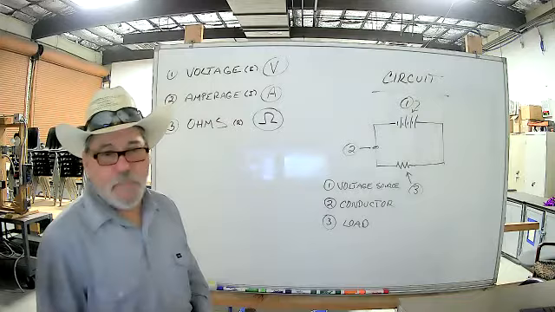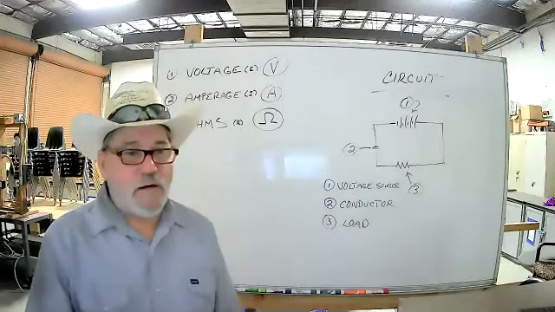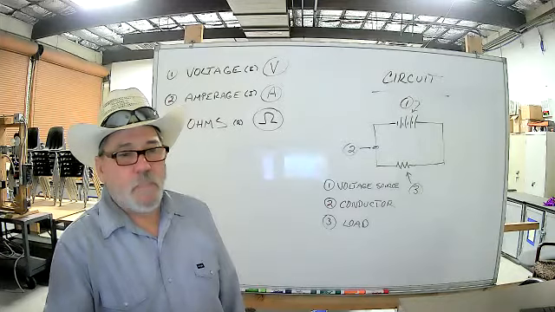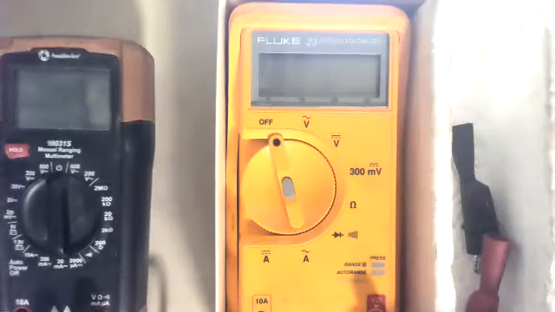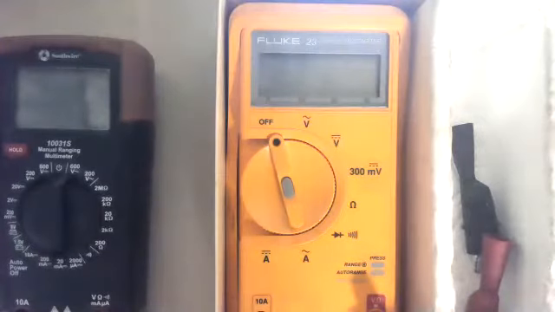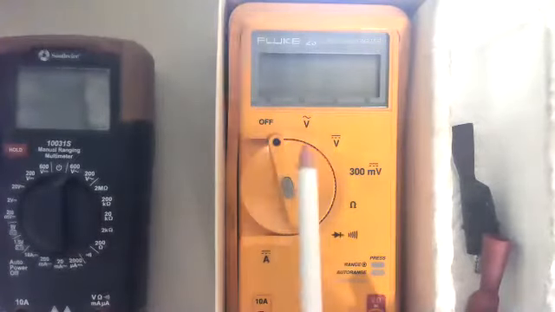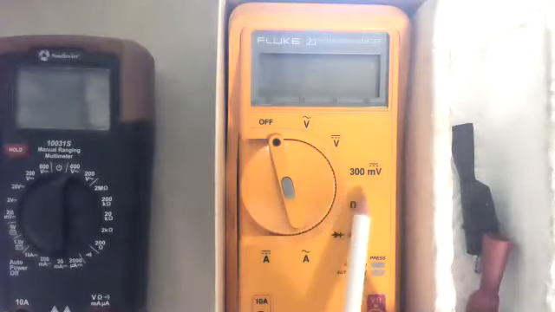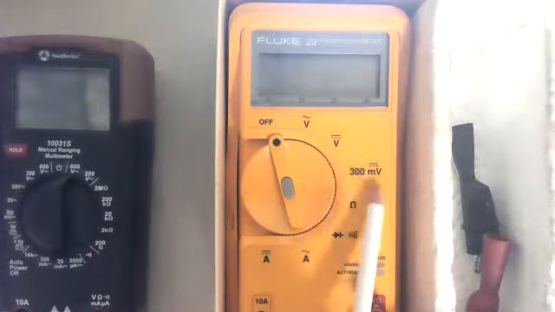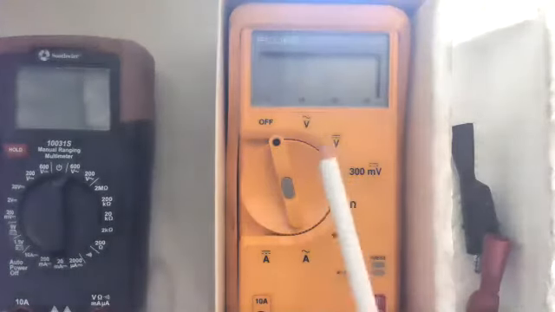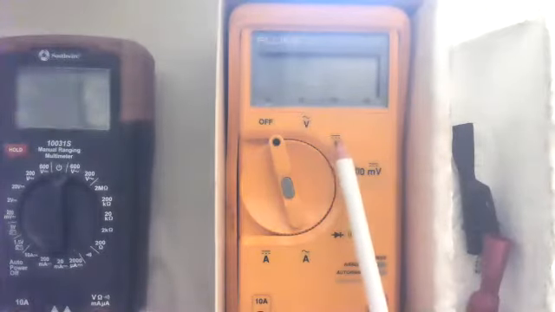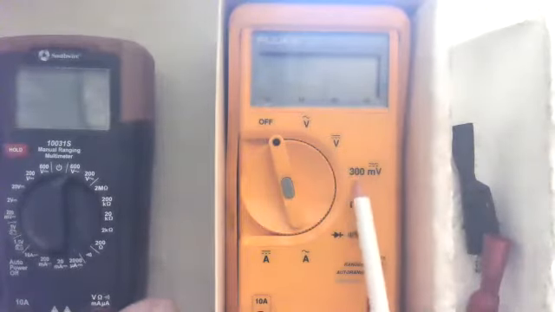Now, if you noticed on that meter, I'll show you right here. Go back to that meter for a second. You notice they got a bunch of V's on here. They got this V right here, and this V right here, this V right here. So these three things measure voltage. But you notice one has kind of a wave line over it, and one has a straight line with dots, and then we have 300 millivolts right there.